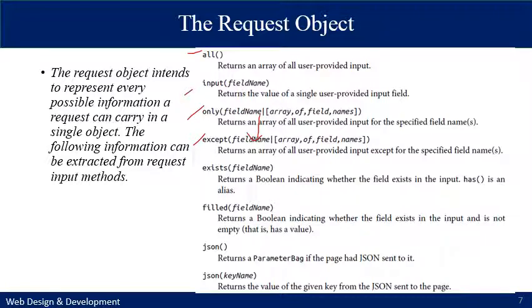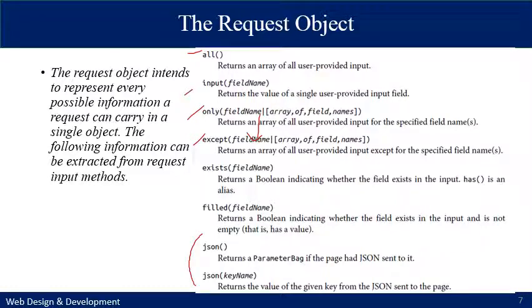Exists is a very useful method and returns a boolean indicating whether a field exists in the input, and has is similar to the exists method. So has refers to a method or boolean value that indicates whether the field exists in the input, is not empty, or has some value.